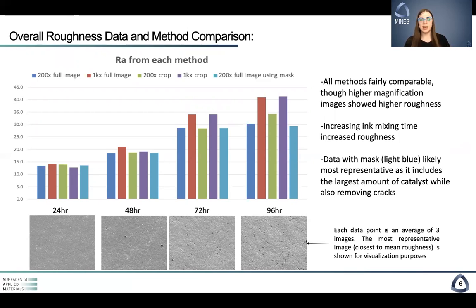Overall, we see that the methods are roughly comparable. We get similar trends of increasing roughness over time, particularly a big jump between 48 and 72 hours. We did see that there seemed to be higher roughness in the higher magnification samples.